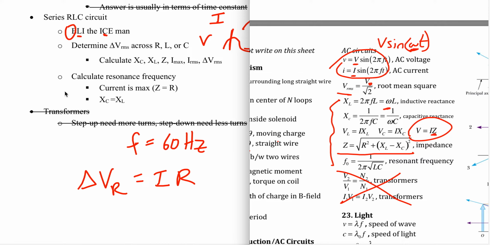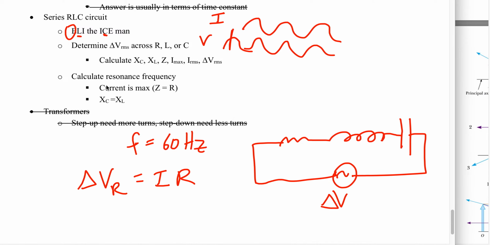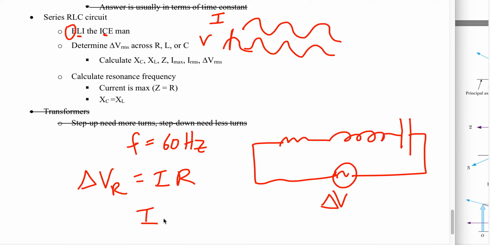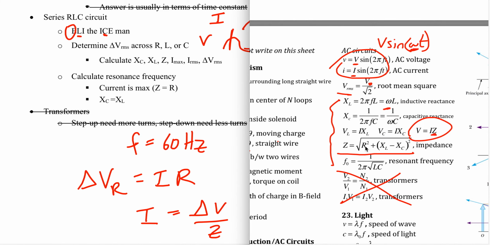And the last thing is the resonant frequency. So this is the frequency that you can adjust your source to in order to have the maximum current possible. So the current, if you look at this equation here, V equals IZ, that means I is delta V over Z. Right? The current is limited by the impedance. And the impedance depends on the resistance and the two reactances.